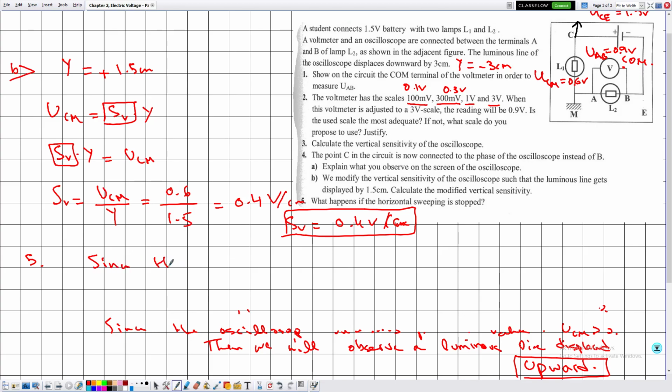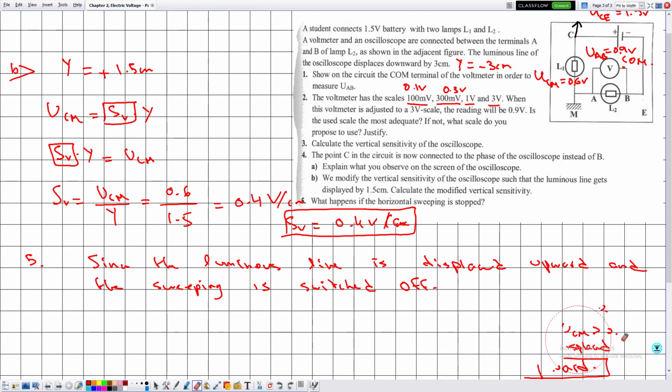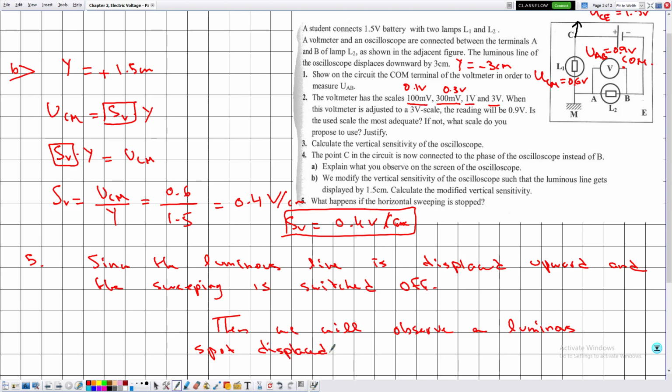Since the luminous line is displaced upward, and the sweeping is switched off, then we will observe a luminous spot displaced upward.